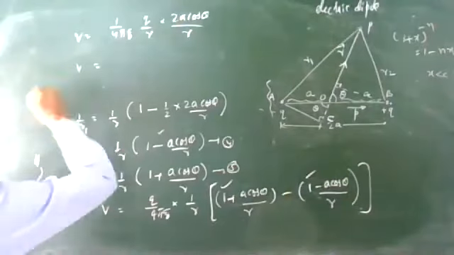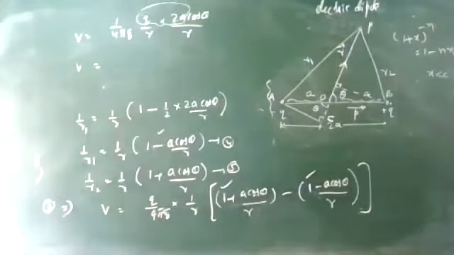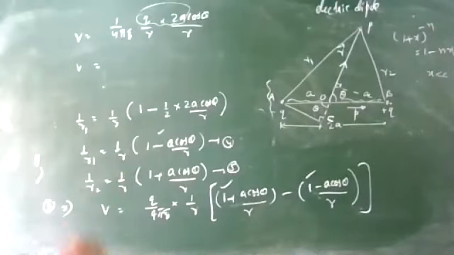So this is equal to q into 2a. What is q into 2a? Charge into distance of separation. What is that? Q into 2a. Charge of a dipole: dipole moment.